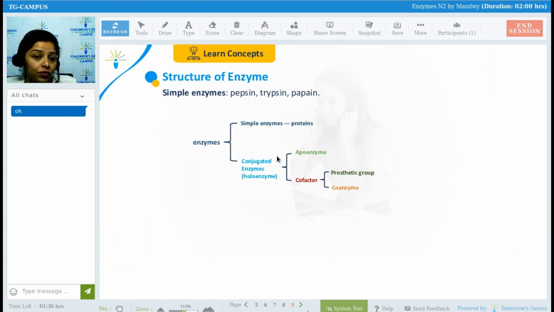Now let's see the structure of enzyme. As per their structural composition, we already know that enzyme is proteinaceous, meaning it is made up of protein. If any enzyme is made up of only protein, with no additional metal ion or anything, only and only protein, then this type of enzyme is called a simple enzyme.